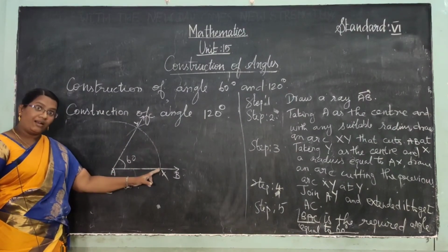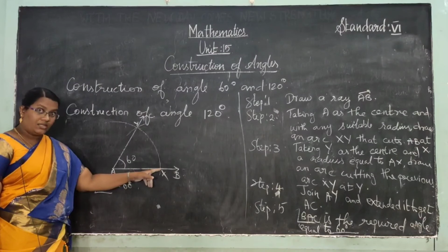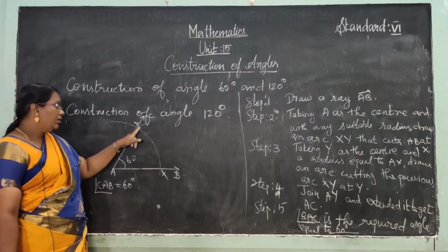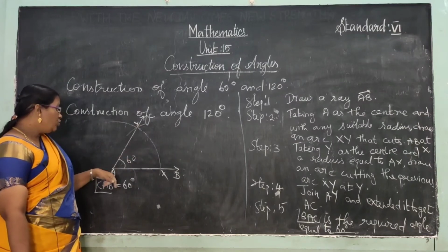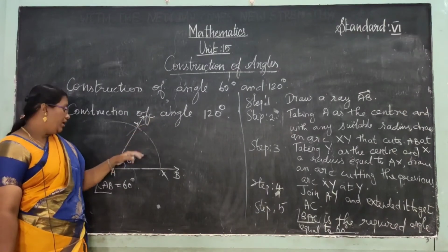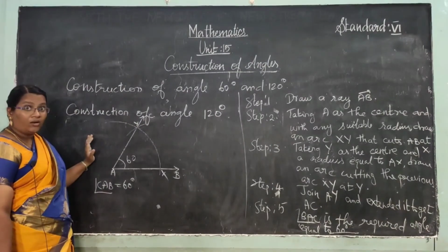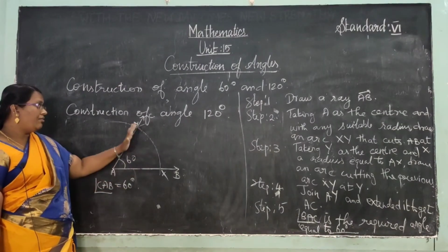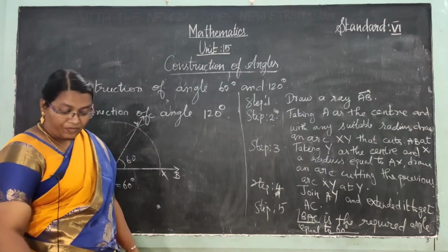That arc cuts ray AB at X. With center X, draw another arc. That arc intersects at Y. Now join the line AY to get the ray AC. This is the procedure for 60 degree. The same procedure we follow up to 60 degree. After that we do one more step for the 120 degree. Okay, see.